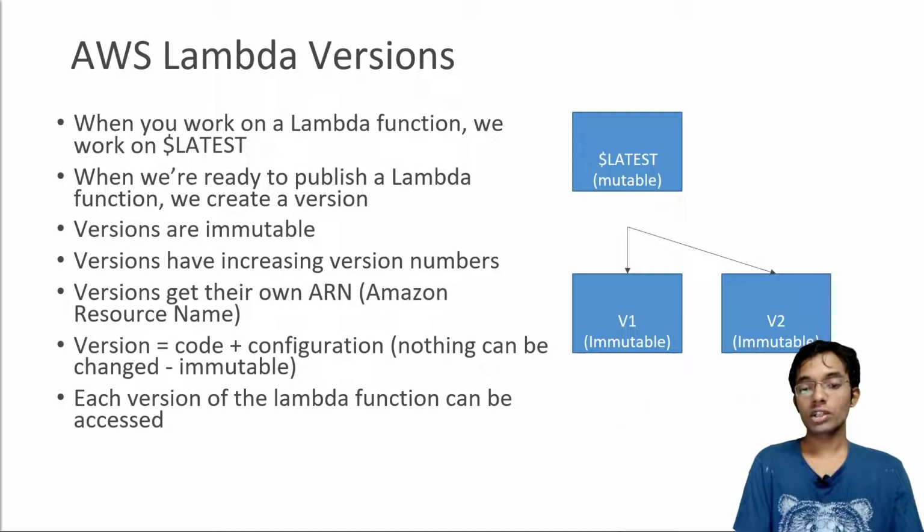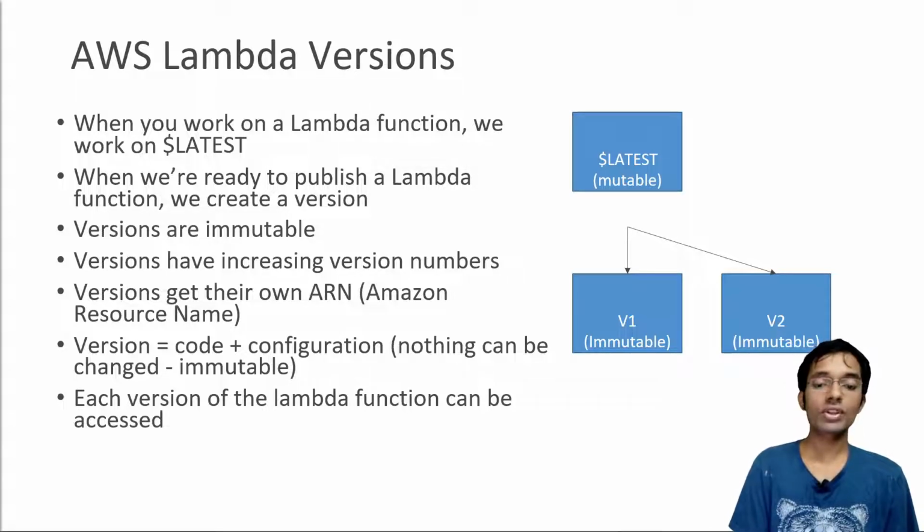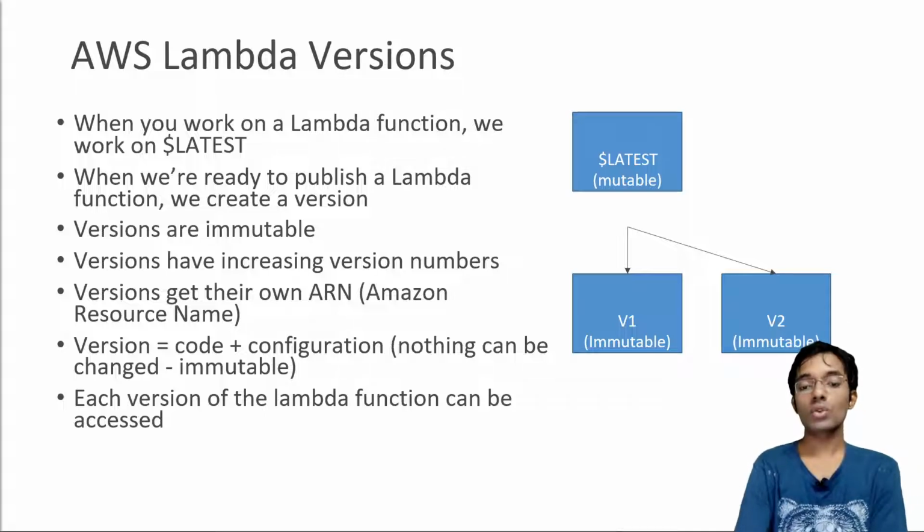Now let's move from how Lambda processes things to Lambda versions. When you create and work on a Lambda function, you always work on something called $LATEST, which is the latest version. It's a mutable function because you can modify it, but when you are ready and you want to publish the Lambda function, you create a version.